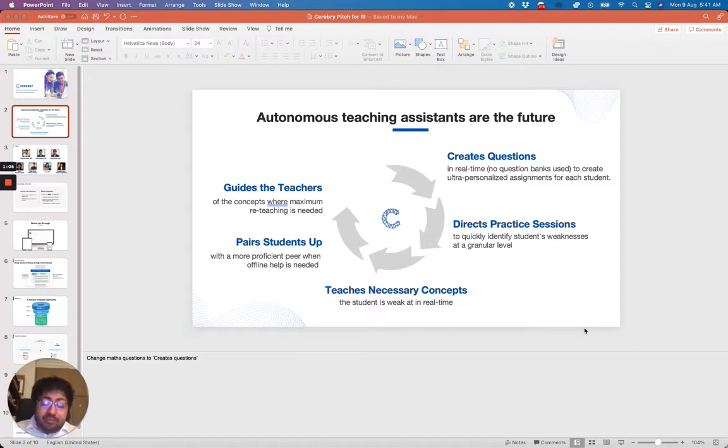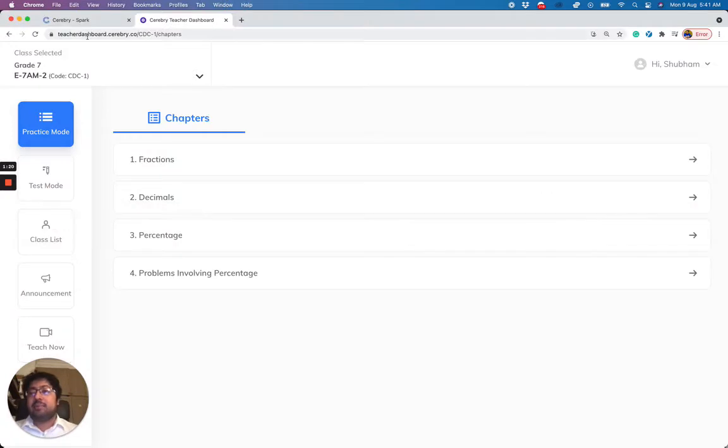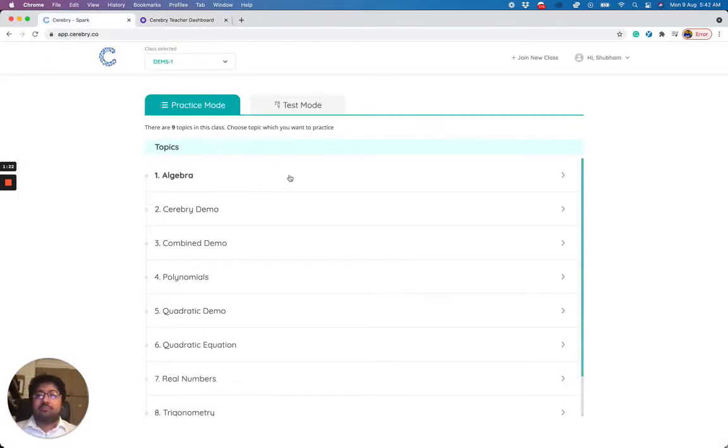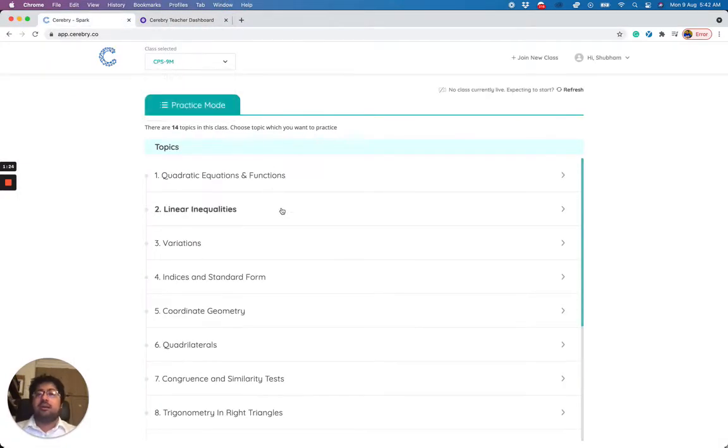This means that every student has a completely different learning path. For example, the 95th percentile student on Cerebri only needs 8 problems to complete an exercise, while the 5th percentile student needs 136. Let me take an example of geometry and show you how Cerebri works in action.